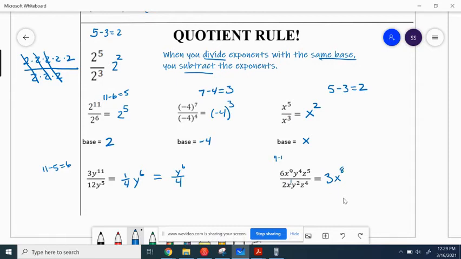Okay, now I can do my y's. My base is y. I'm going to do 4 minus 2, which is 2. And then last I can do the z's. Base is z. 5 minus 4 is 1. We don't have to write that 1, so I'm just going to leave it like that.